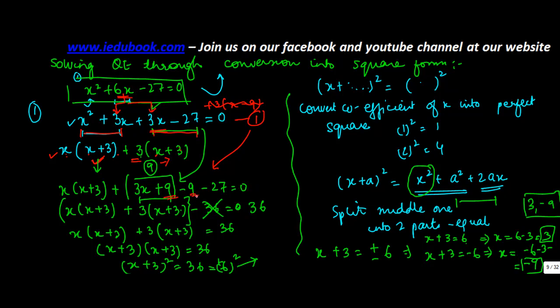Then, as I solve this, I reach a position where I'm able to achieve, on this part, the equivalent of x plus 3 whole square. As I move these two to the other side, I realize that it is 36, which is again a perfect square. So I get squares on both the sides. As I solve these equations, I get my values as 3 and minus 9 respectively.